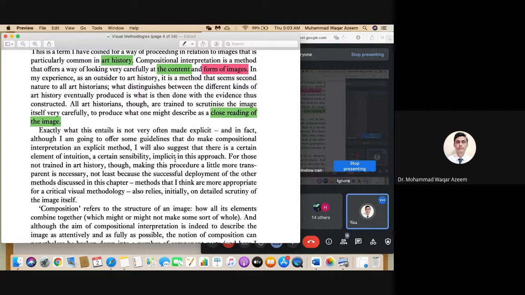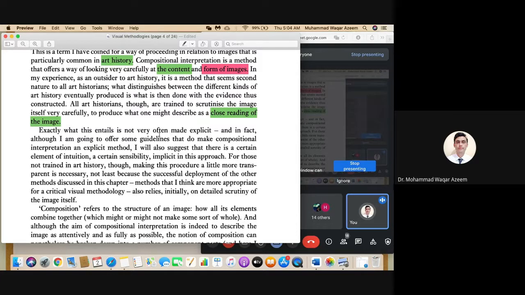But when it comes to compositional interpretation, it is not close reading of a written text, rather it is close reading of the image, right? So that is a primary difference that you should mark for yourself, and you should get prepared now to closely read an image rather than a written text.